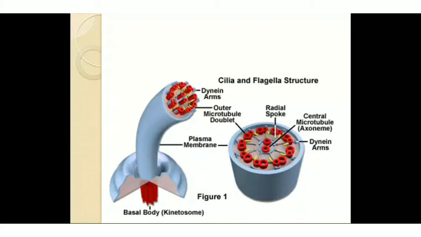These 9 subfibrils run throughout the length of the axoneme, throughout the length of the cilia, and they unite at the basal body, that is at the kinetosome, while the central fibril acts as a pillar.